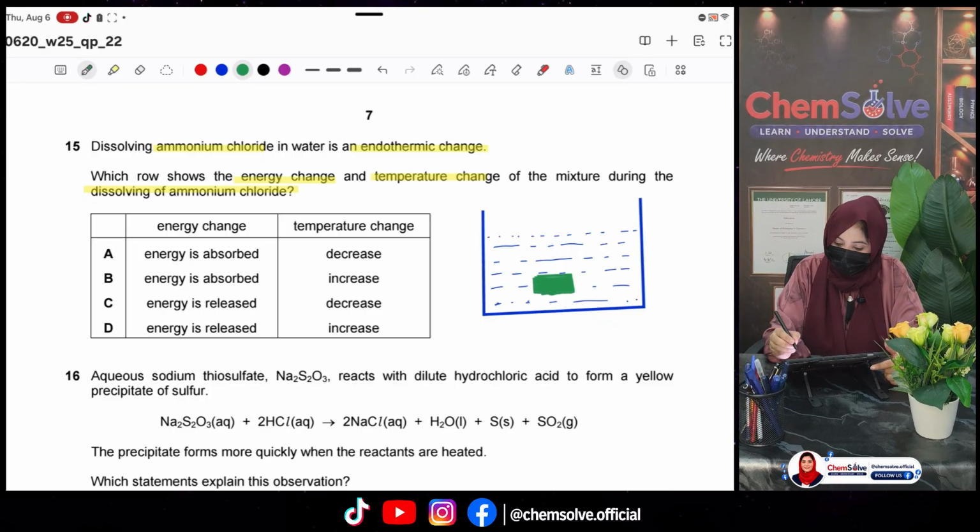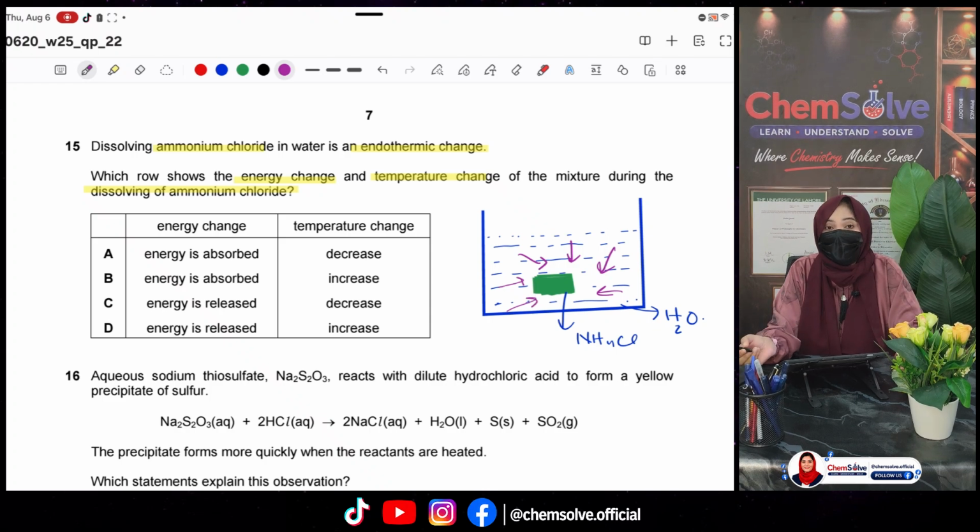Okay, this is ammonium chloride and this is water. This is an endothermic process. The dissolution of ammonium chloride is an endothermic process. It means it will absorb heat.